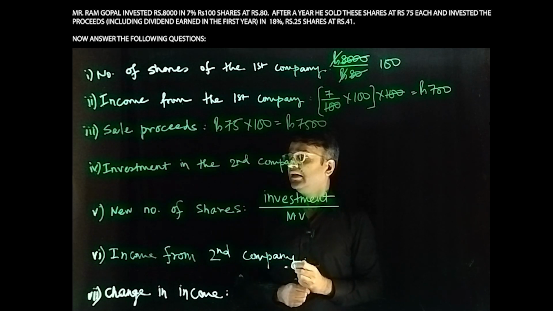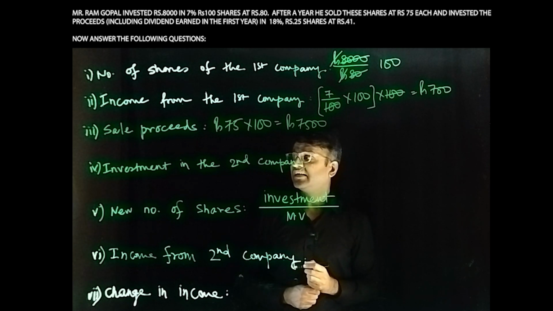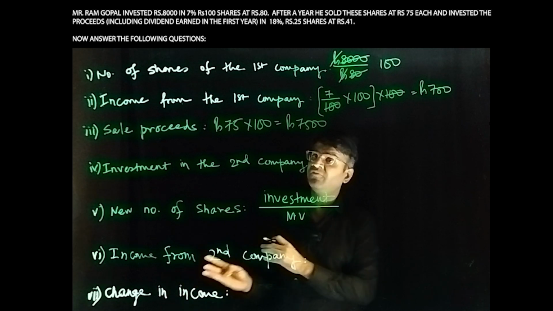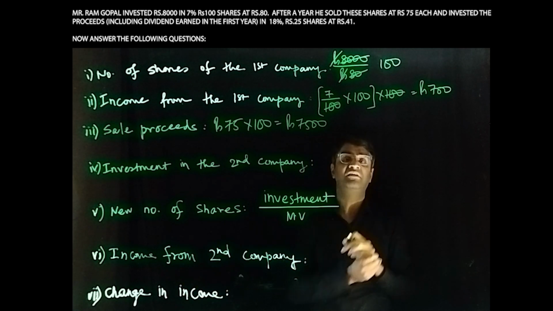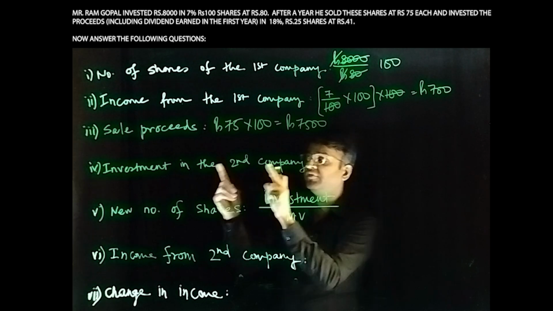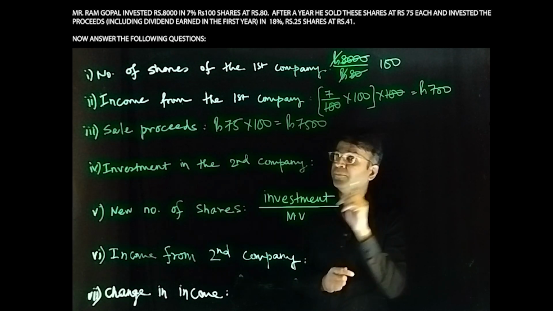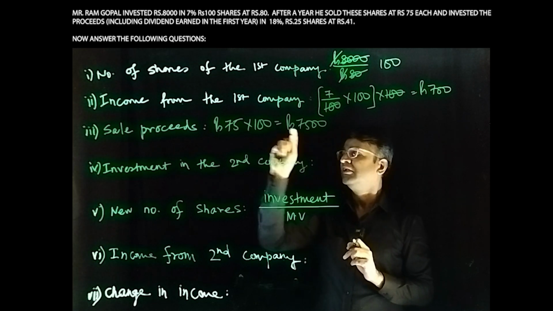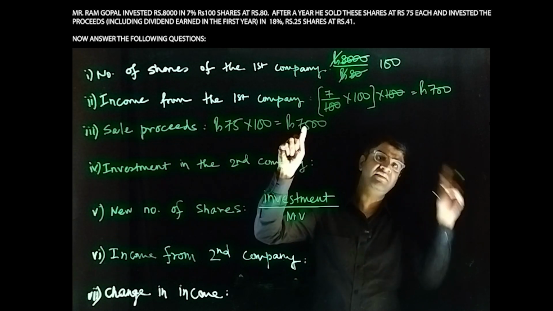Okay. Now look at this sum. The question says that he would like to invest the income generated in the first year from the first company while investing in the second company. In the previous sum, the sale proceed was the investment.